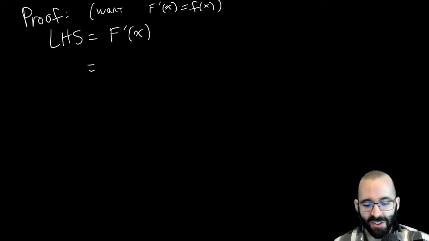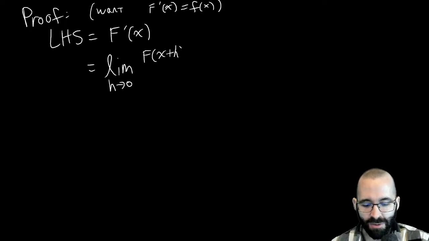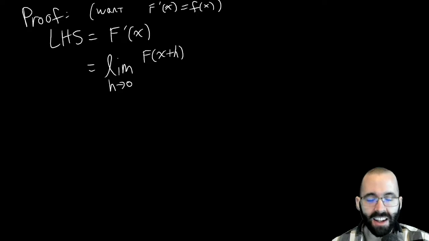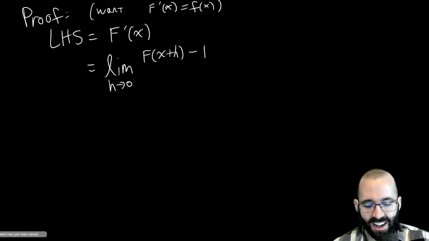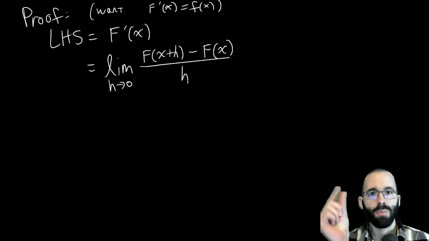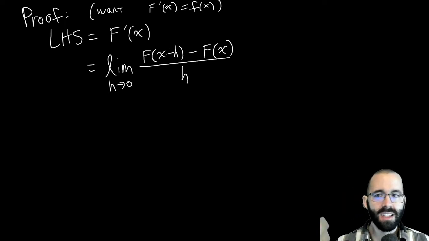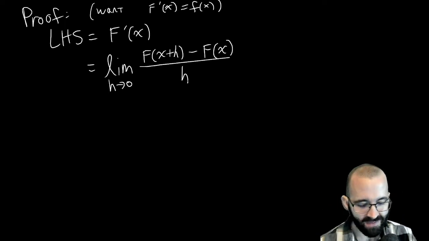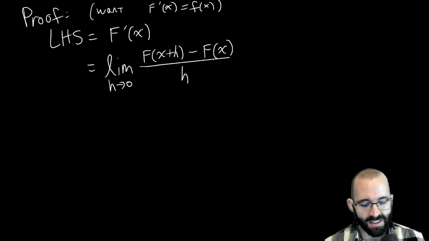So the derivative of a function is the limit as h goes to 0 of that function evaluated at x plus h, minus the function evaluated at x, all over h. Remember, this is the slope of the secant line. h is just the difference between 2 points, and then we're finding the slope of the secant line between those 2 points.